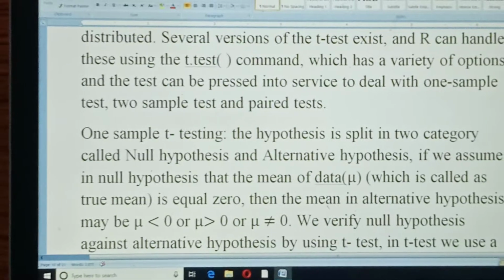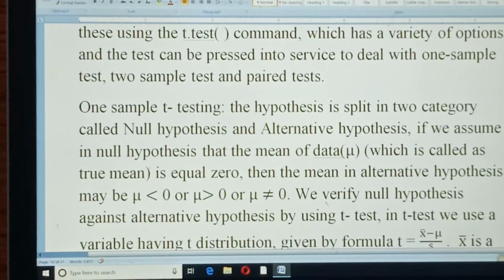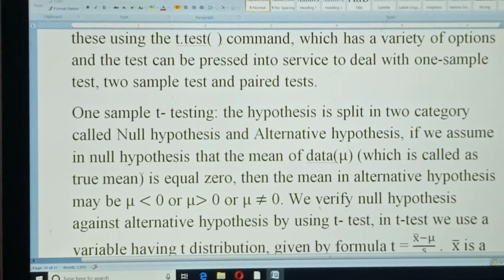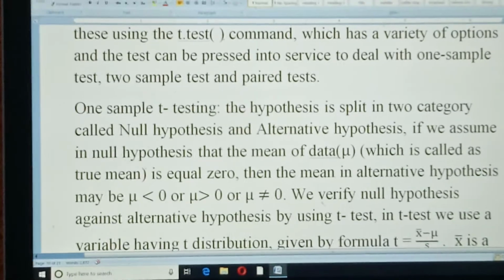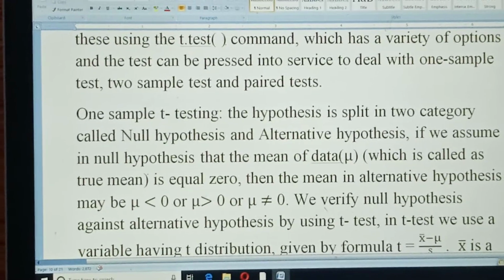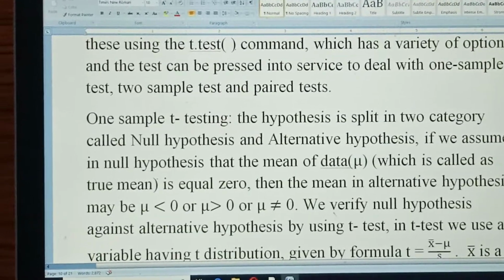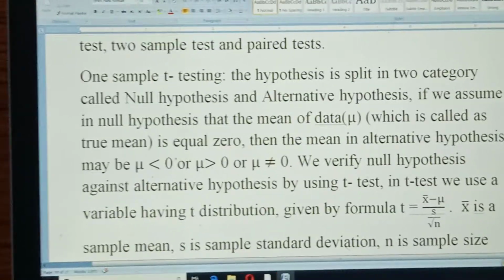In the case of a one sample t-test, we test the hypothesis of given data. First, you need to write your hypothesis in two different forms, namely null hypothesis and alternative hypothesis.